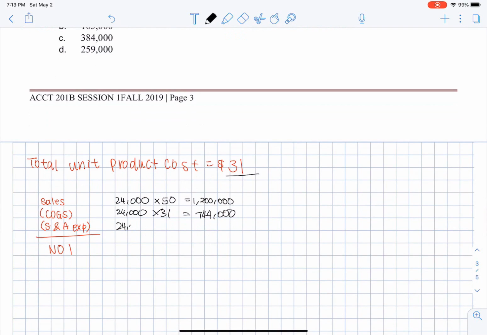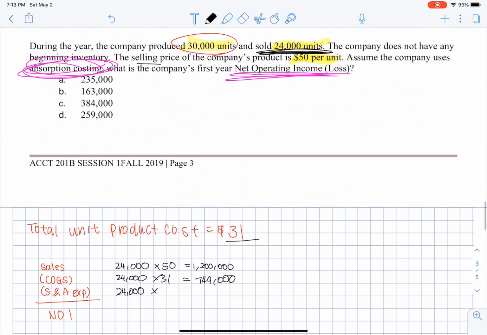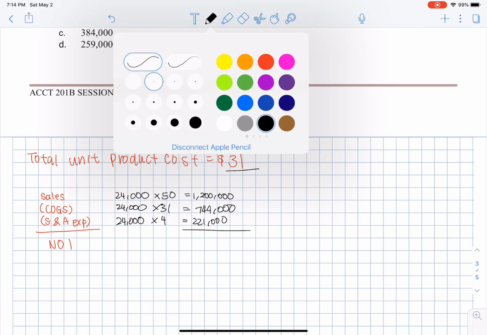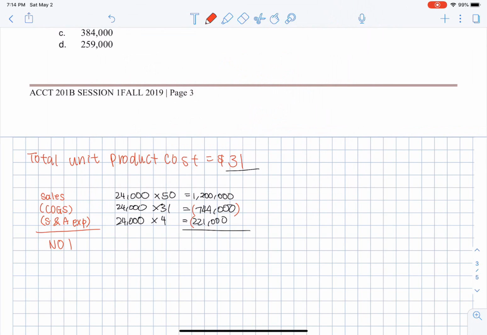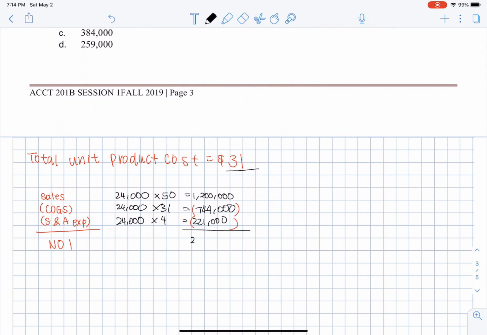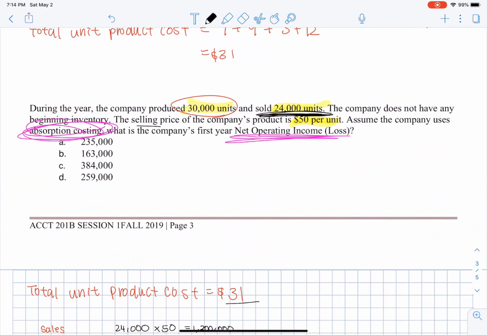So with the same units sold, times 4, it's 221,000. So we're going to subtract these two, and the final answer is going to be 235,000, and that's A.